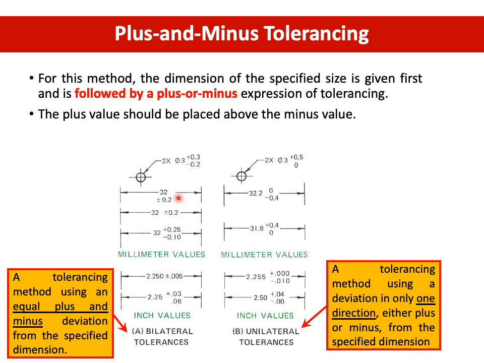This A part is for the bilateral tolerance, where you have a maximum and minimum.